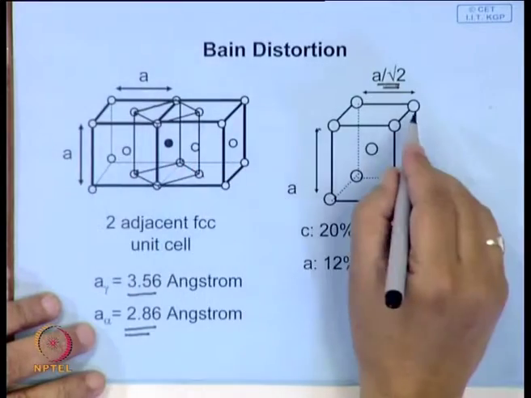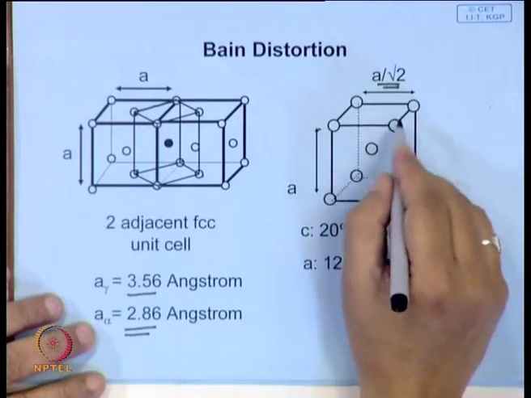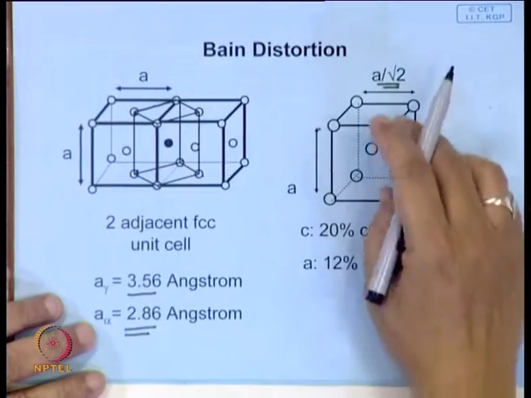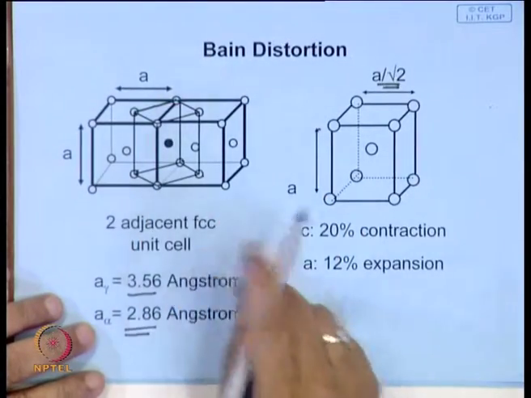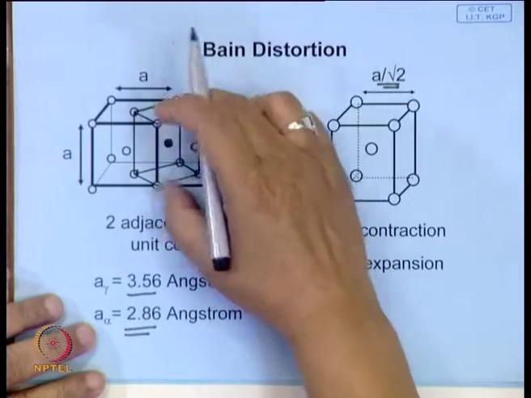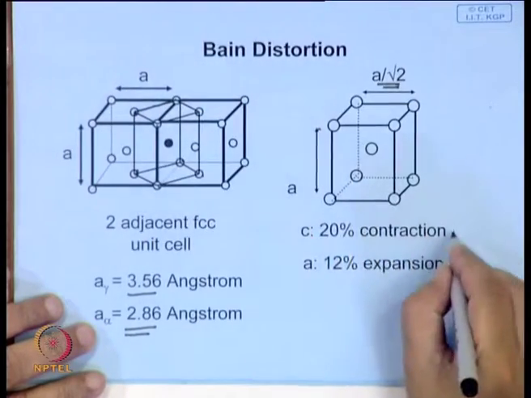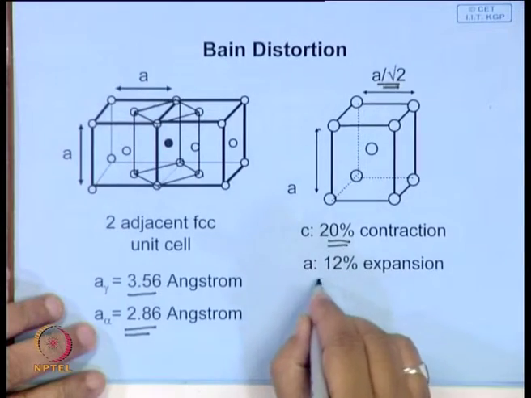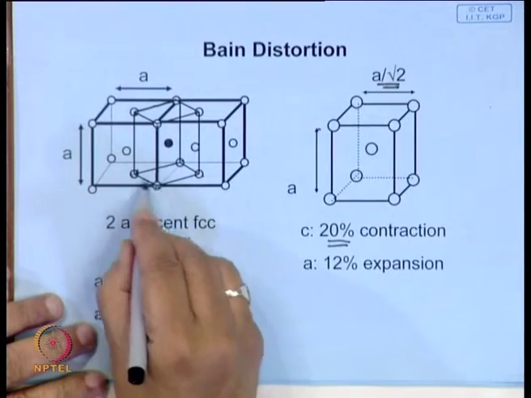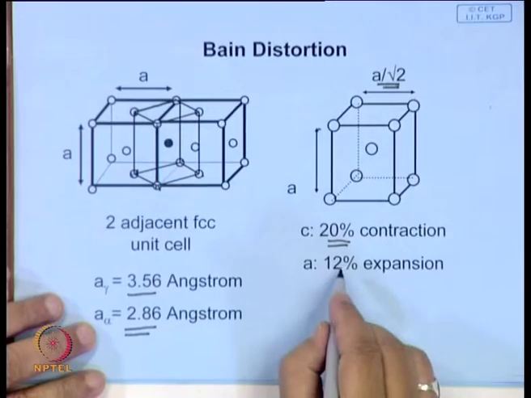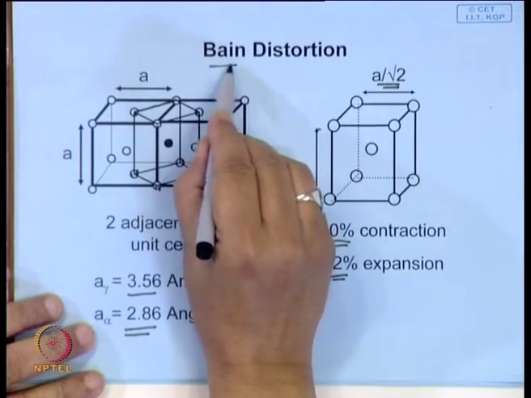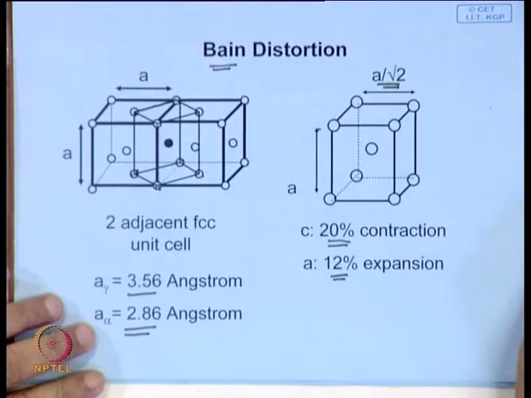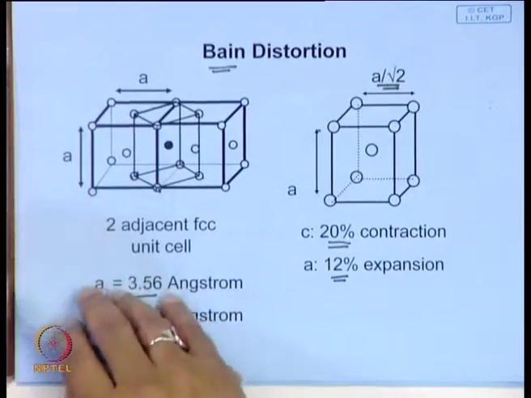Now, when it transforms into martensite, what happens? This crystal structure changes slightly, and what is the change? This c axis undergoes 20% contraction, whereas this axis expands by around 12%. This is the net transformation, and this leads to a distortion which is called lattice distortion, called Bain distortion.